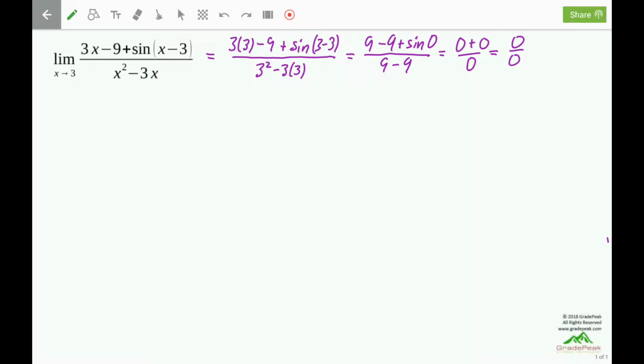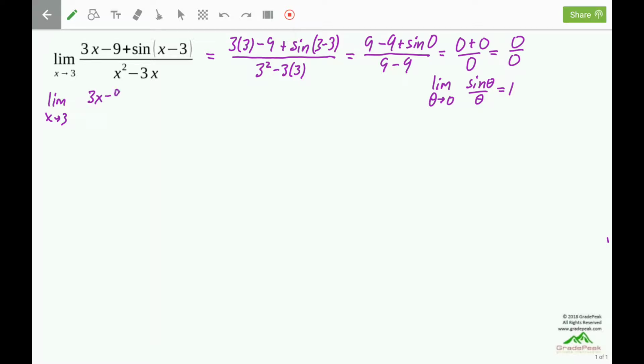Since we have trig functions as well as power functions, we will have to make use of the identity: limit as theta goes to 0 of the sine of theta over theta equals 1. The first thing we're going to do is separate the numerators over that common denominator so that we can start to isolate the sine function.